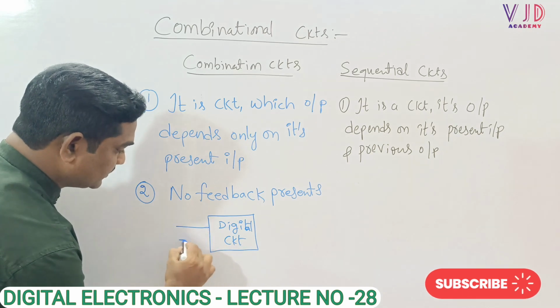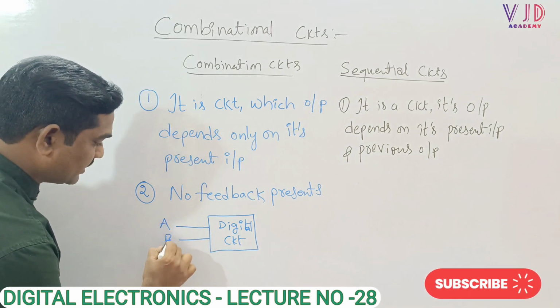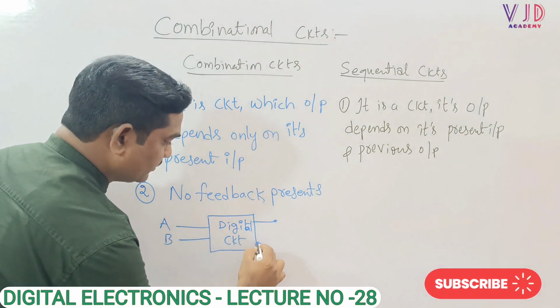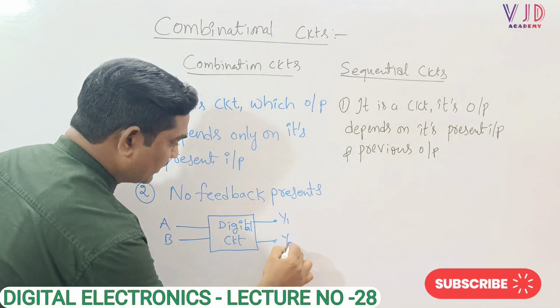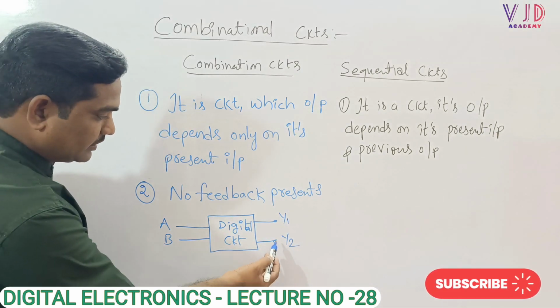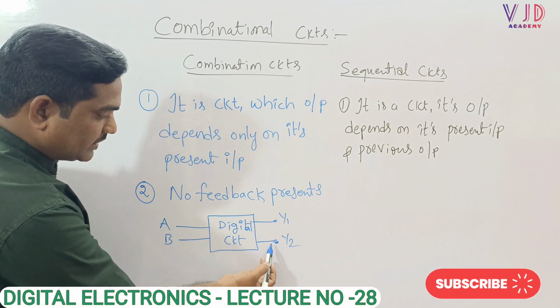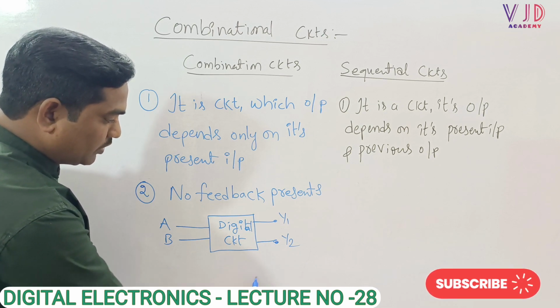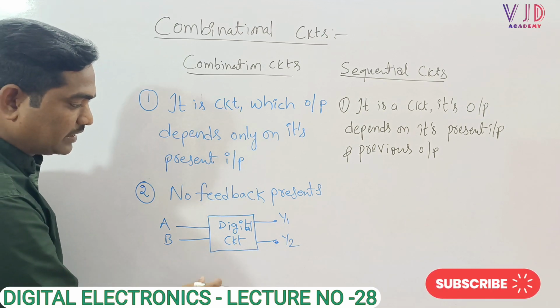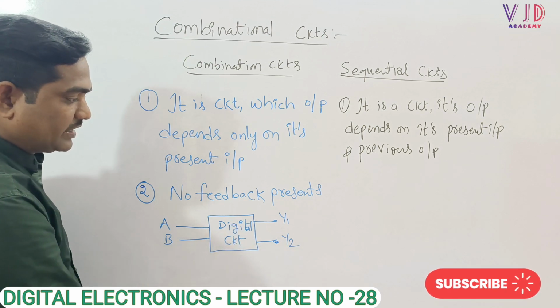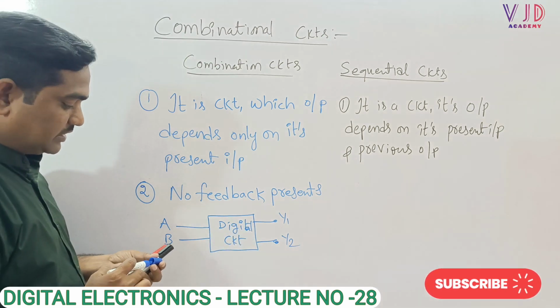Here the inputs, let me take A, B as the inputs, and the outputs Y1 and Y2. Here there is no feedback. What is feedback, sir? We are just connecting the output back to the input. That is called feedback. That kind of feedback connection is not available in combinational circuits.